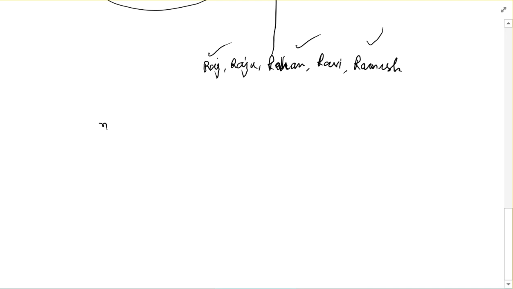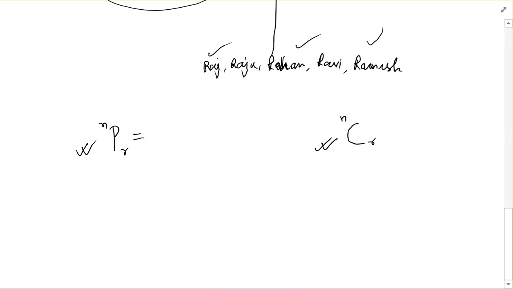One is nPr and another one is nCr. Understand the relevance: P stands for permutation and C for combination. So the first formula will be applicable when we have to make arrangements, and the second will be applied when we are going to make selections.